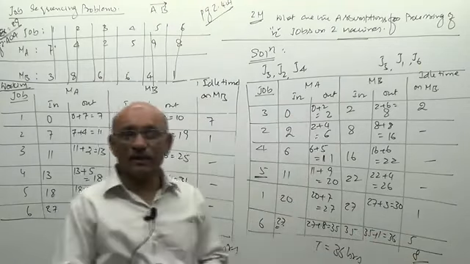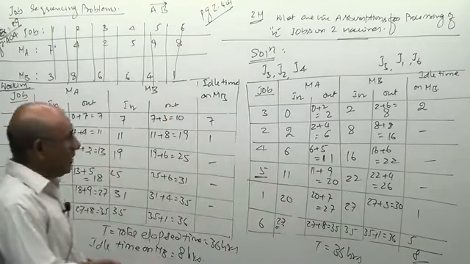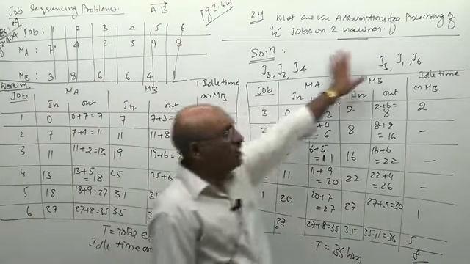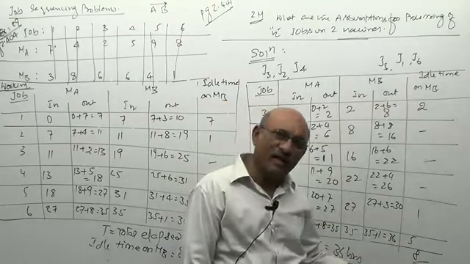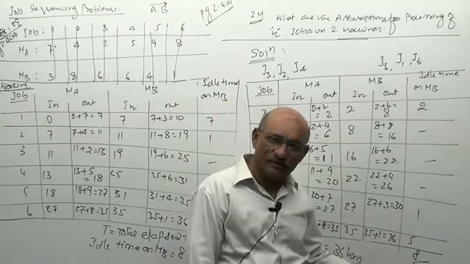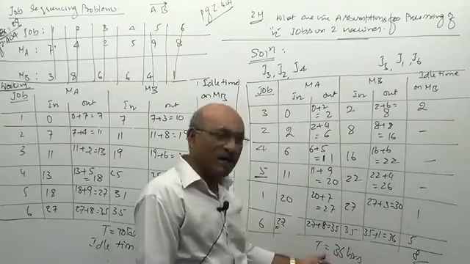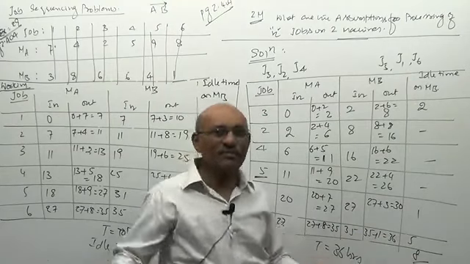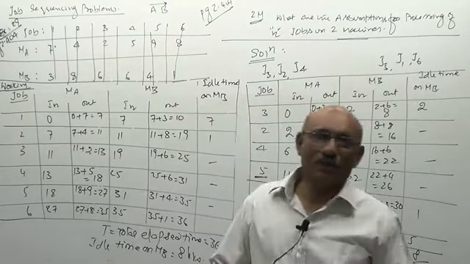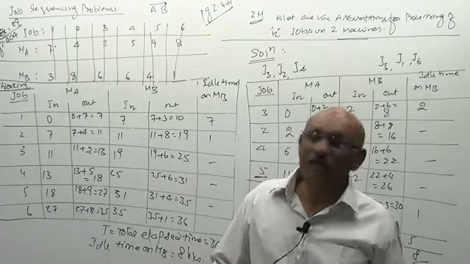Okay. Look at this problem. Even though the jobs are rescheduled here, there is no advantage. Second machine is still 8 hours idle. Total elapsed time also remains unchanged, 36 hours only. It doesn't mean that for every problem you'll get the same answer.